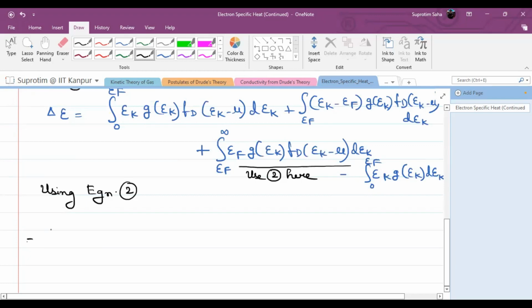So this is 0 to EF EK. The bookkeeping here is very important. You must not forget any term, as that will be detrimental to the result.